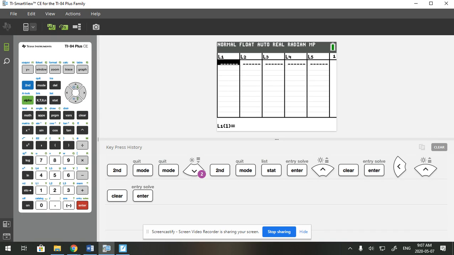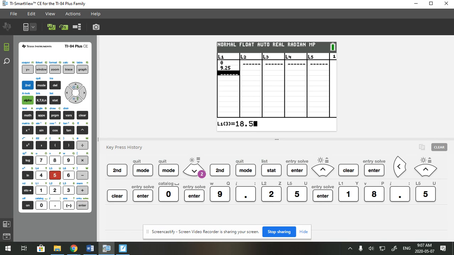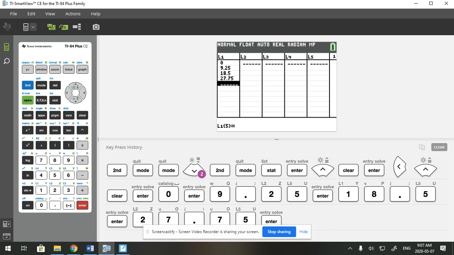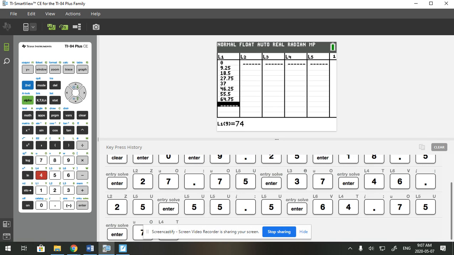And now you can enter in all of your data. So list 1, let's try and go through it kind of fast. You're going to enter in all your data points. Okay, and then into list 2, that's all your different times that they reported the information.